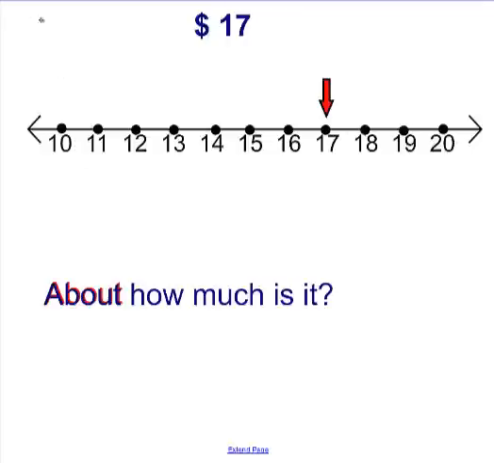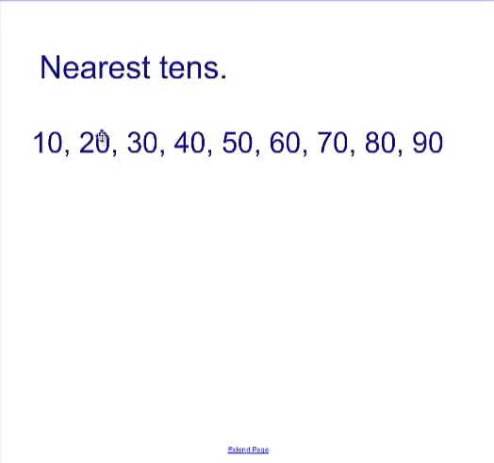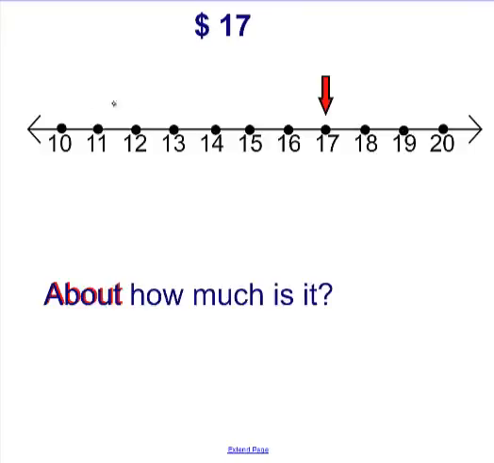When we count, let's go to the next slide. When we count by tens, we go 10, 20, 30, 40, 50, 60, 70, 80, 90. Many times you're asked to round to the nearest 10.